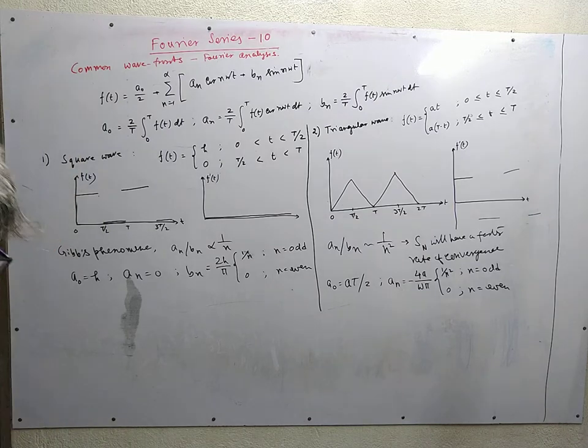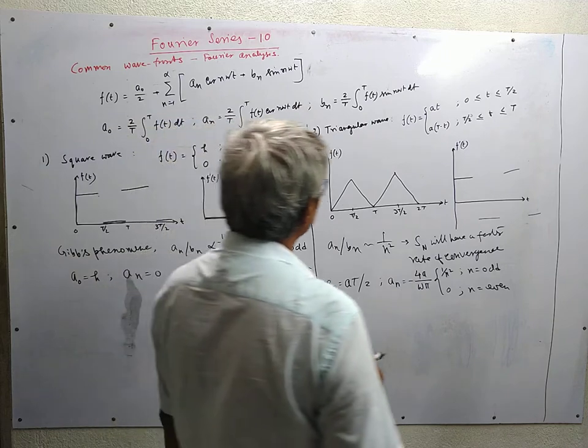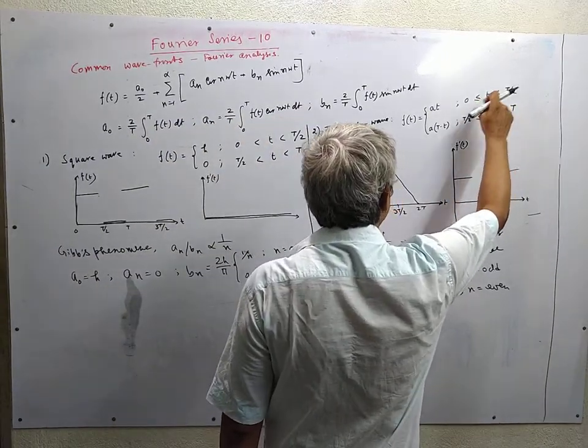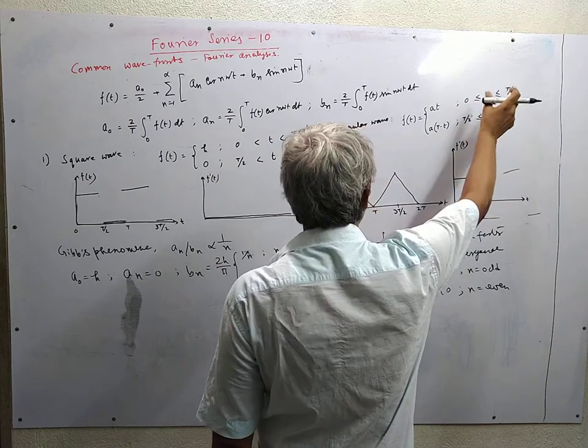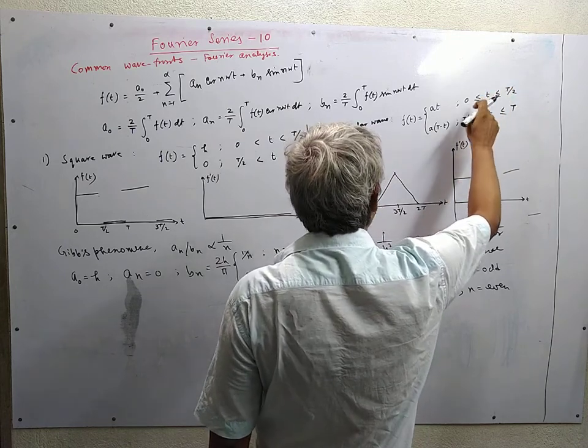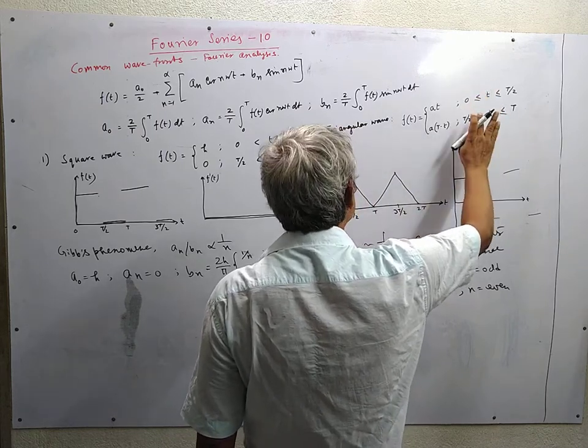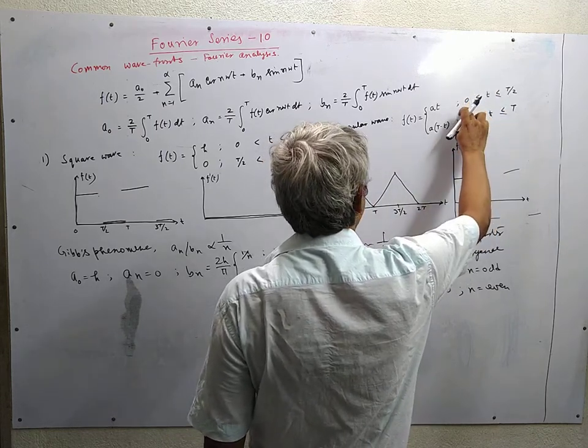Now we come to the third waveform. Again, I want to remind you that this greater than or equal to, less than or equal to sign has been introduced here. The equal to sign arises only when the function is continuous at the point under consideration.